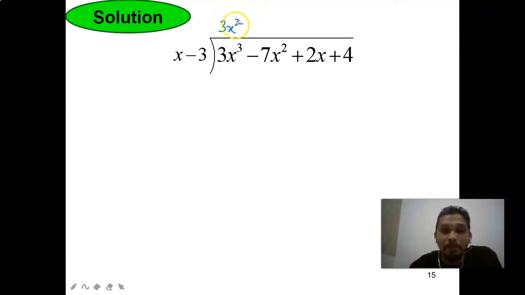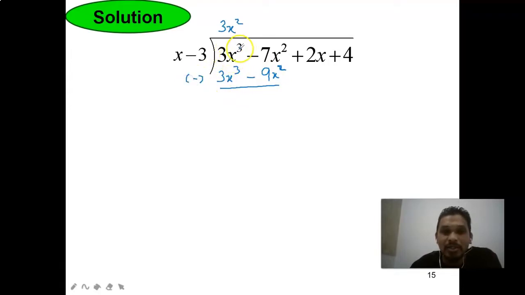So it's going to be like this. 3x squared multiplied with x equal to 3x cubed. Then 3x squared also multiplies with negative 3, which gives minus 9x squared. Just imagine that we have minus here.